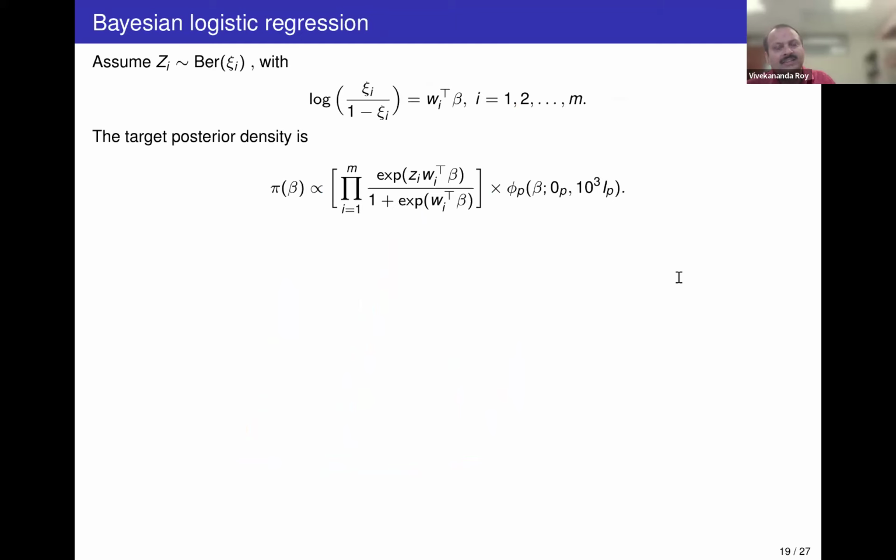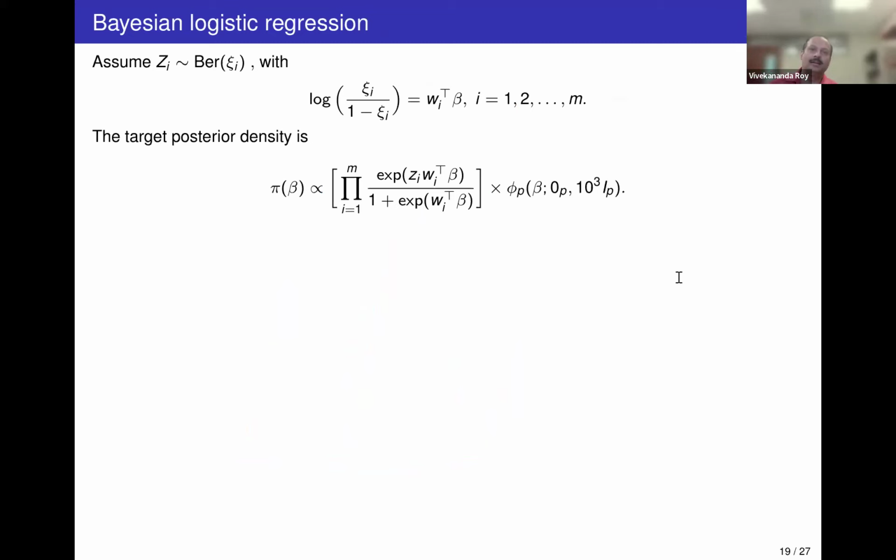Next, I consider the Bayesian logistic model. We are all familiar with the Bayesian logistic regression model. Here, I'm using a normal prior. That's my target density. M is the number of observations, P is the number of covariates.